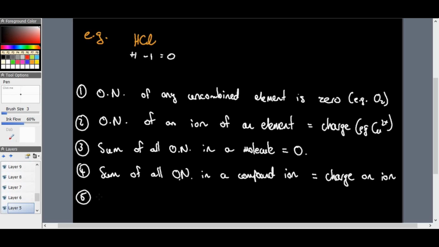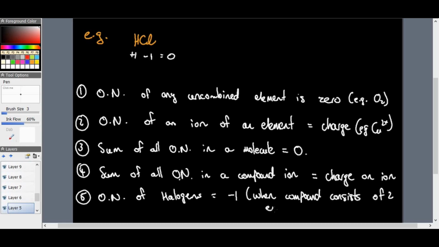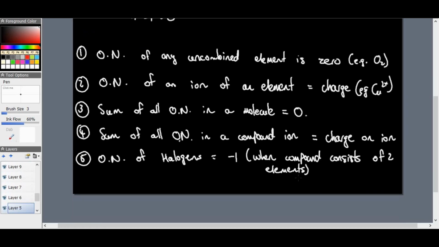Number 5, oxidation number of halogens. All halogens are equal to -1, when the compound consists of 2 elements. You know group 7 is our halogens. Number 6, I think I can fit it in there.